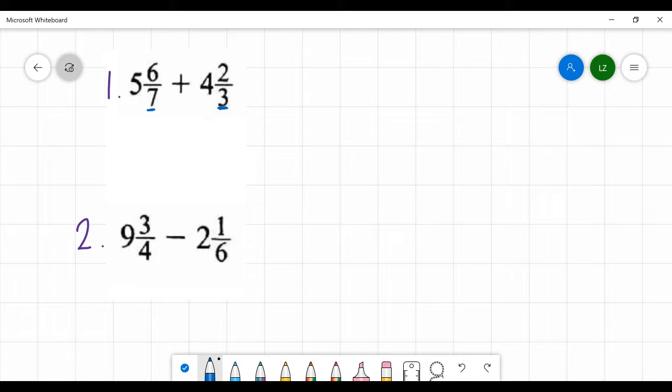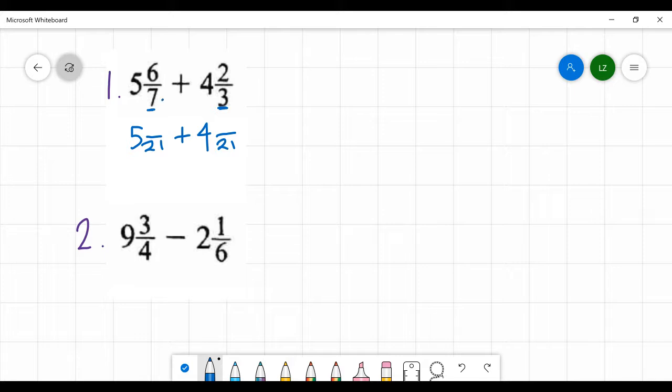Because that's what you're going to be using, multiples for 7 and 3. And the lowest one I can think of is 21. So I'm going to go ahead and get that set up here. And notice I go ahead and write my common denominator right away, so there's no confusion.